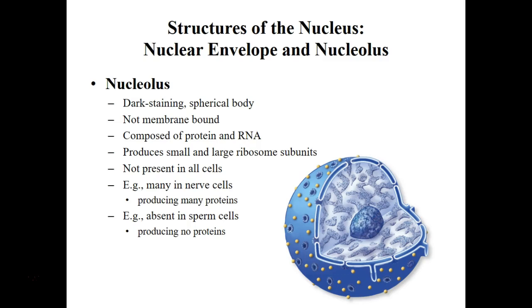The nucleolus then is the tiny little structure inside the nucleus, and this is where ribosomes are produced. Ribosomes are composed of proteins and RNA, and once the ribosomes are produced, they then leave the nucleus. The small and large subunits leave the nucleus, not the cell, through the nuclear pores, and they enter the cytoplasm.